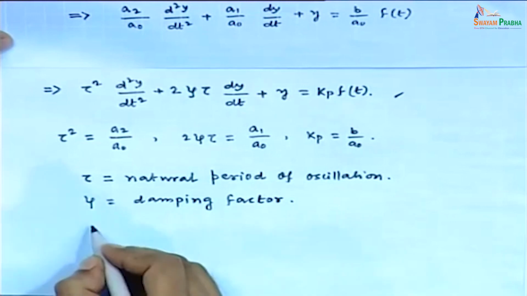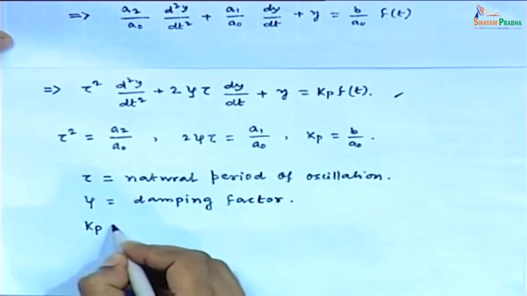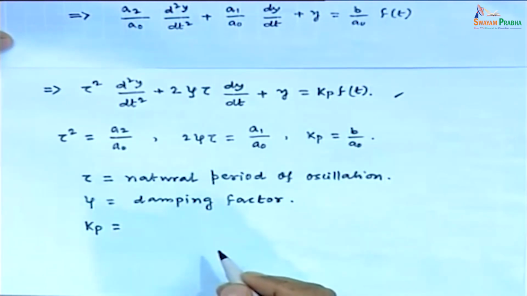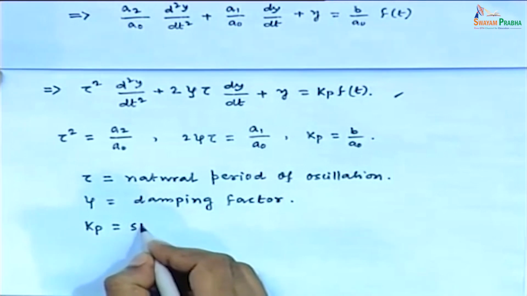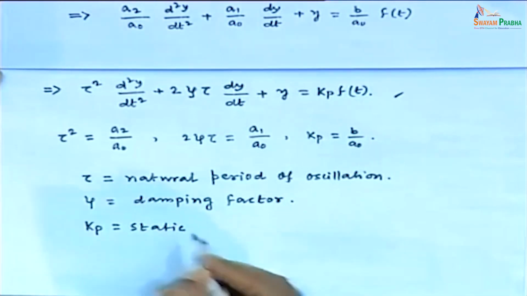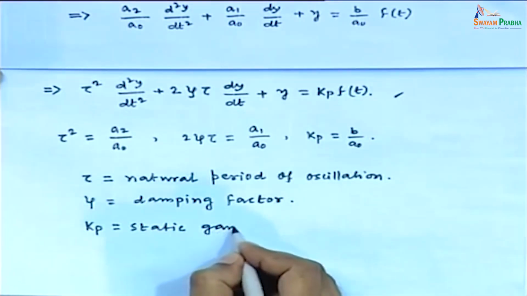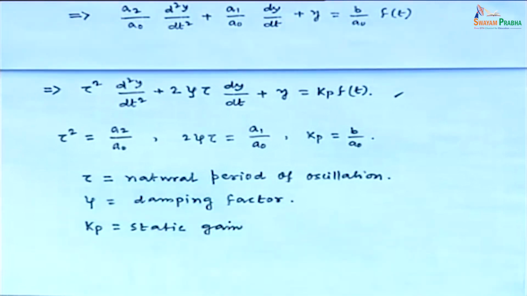Fine. And Kp is the steady state gain or static gain.